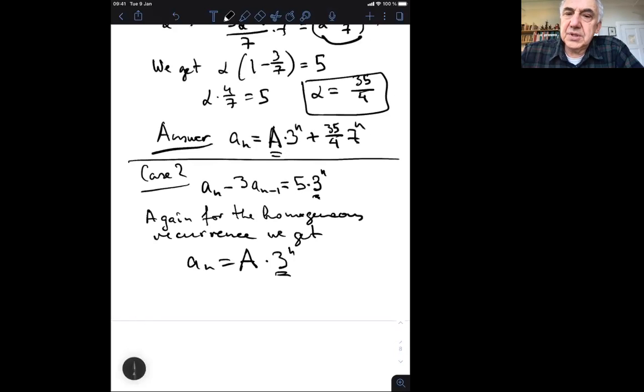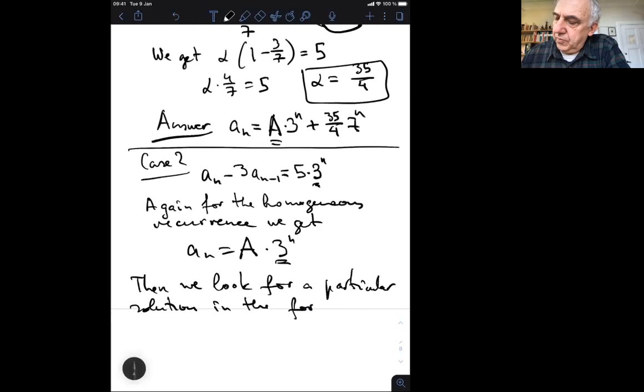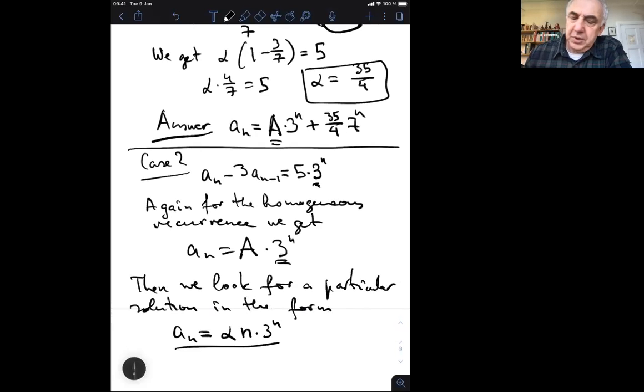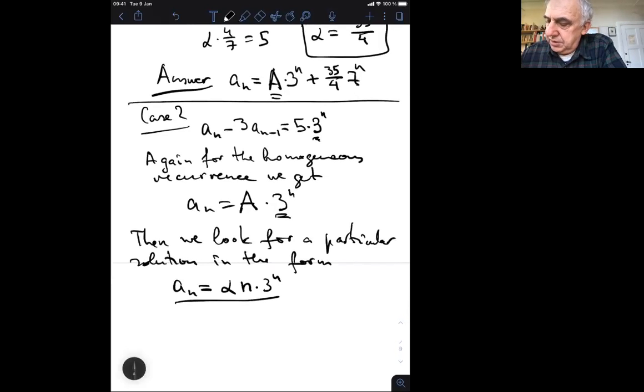Then we cannot use the same trick as before, but we look for a particular solution in the form a n equals alpha n times 3 power n. And we'll be looking for this constant alpha. Okay, again, substitute.